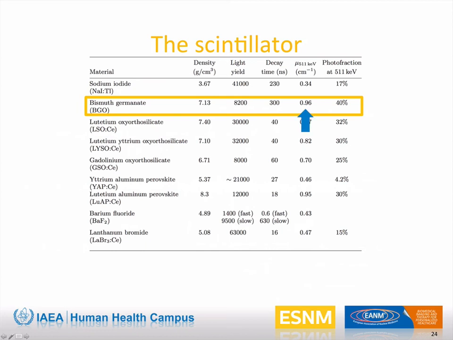One of the main advantages of BGO is the very high attenuation coefficient at 511 keV. Another important feature is the very high photofraction at 511 keV that reaches about 40%.